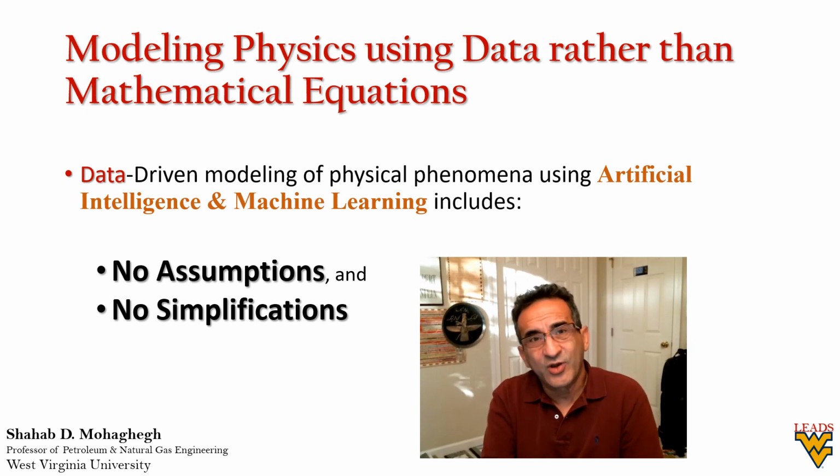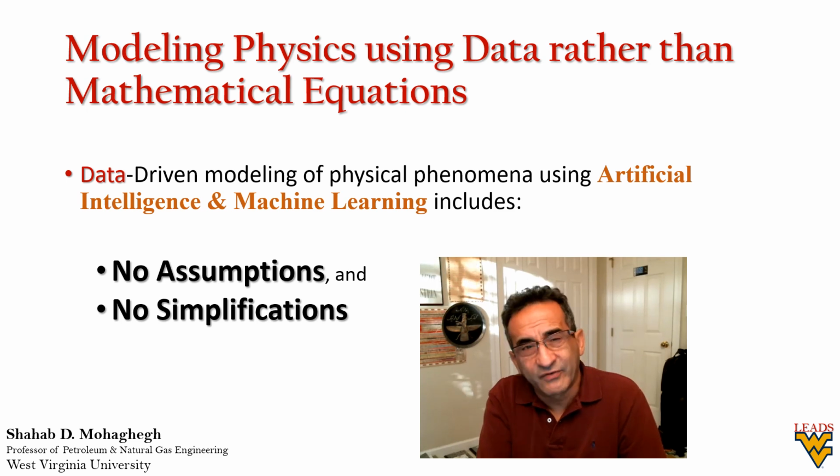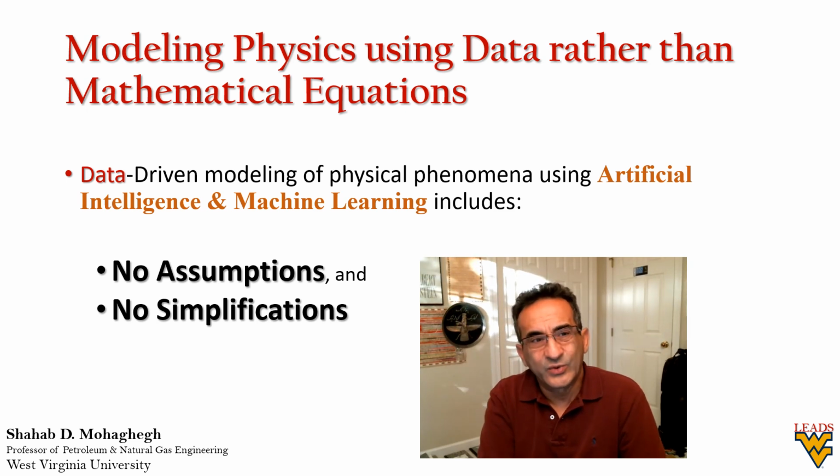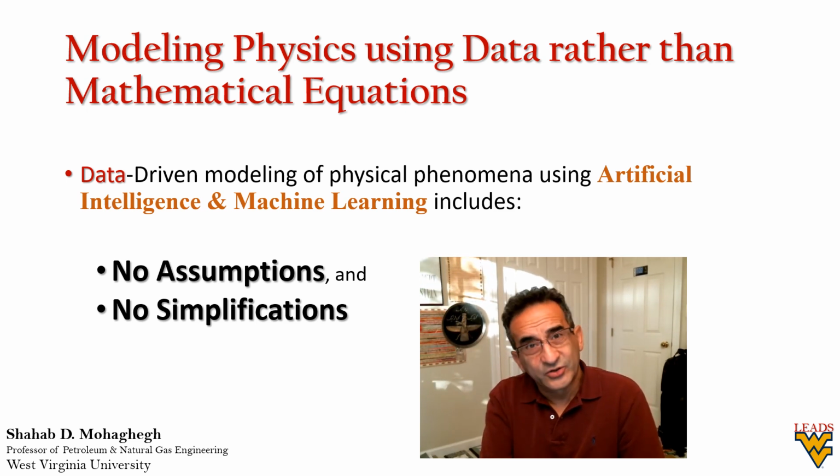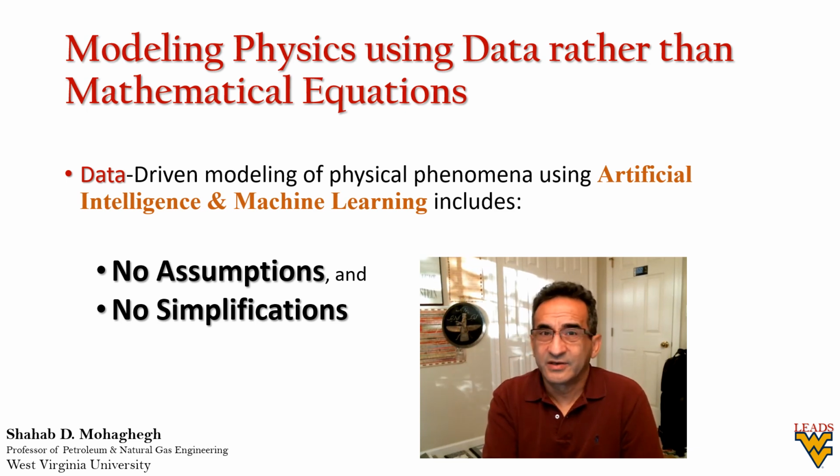And a lot of the time you have to simplify a lot of complexity in order to be able to build the model. That is the main difference between AI and machine learning, which is fact-based model development using data, versus the traditional technique that they have been using for centuries. Thank you.